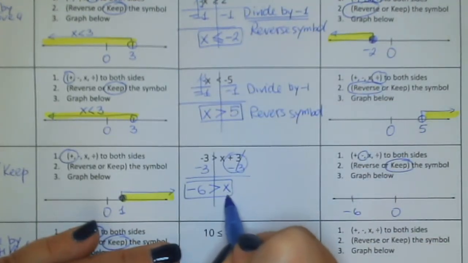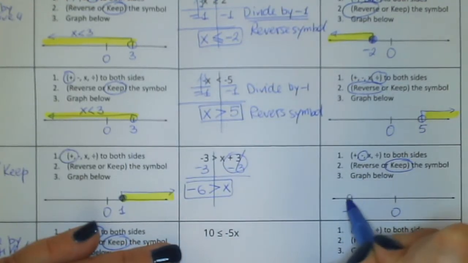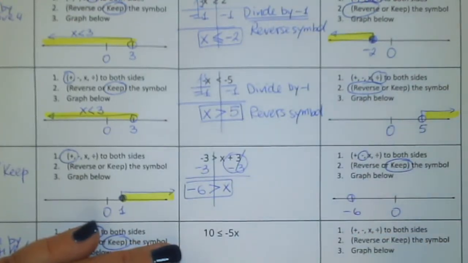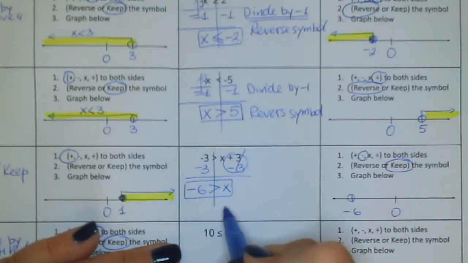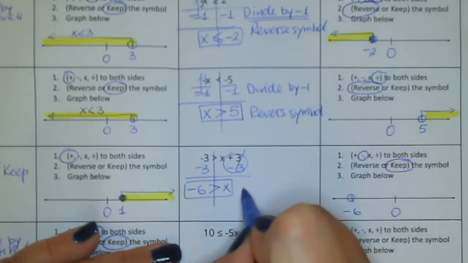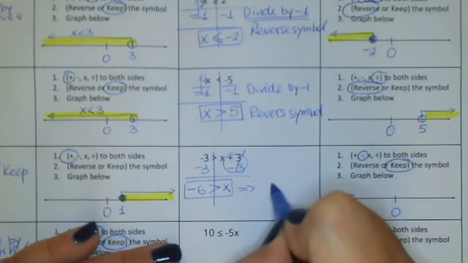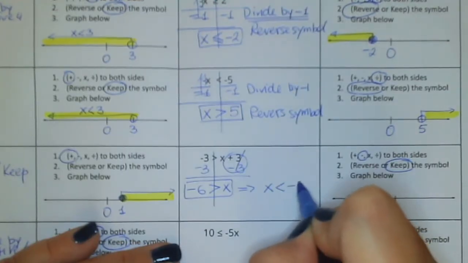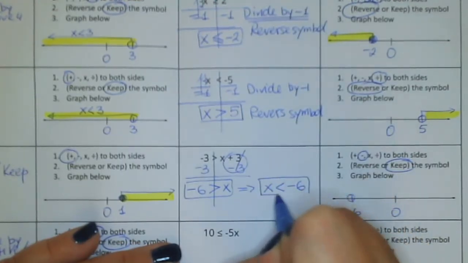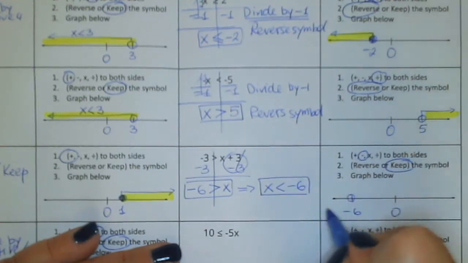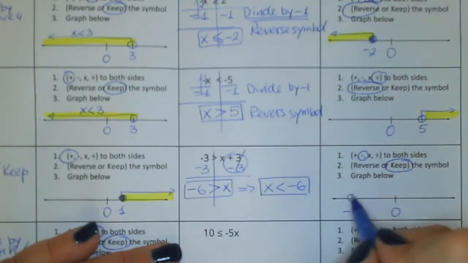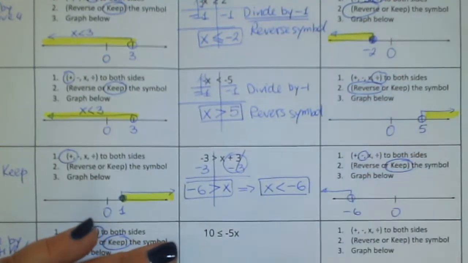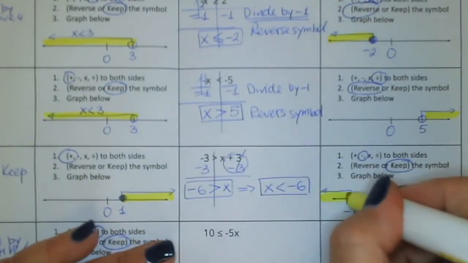X values have to be smaller, such as negative 7, negative 8, negative 9, so on the left of negative 6. It's always easier if you rewrite the inequality with the variable first, then graph. So then you can see numbers less than negative 6 are on the left of negative 6.